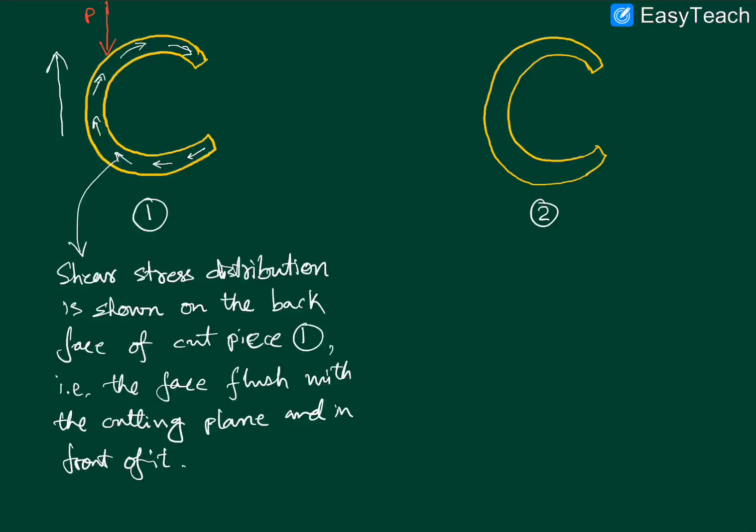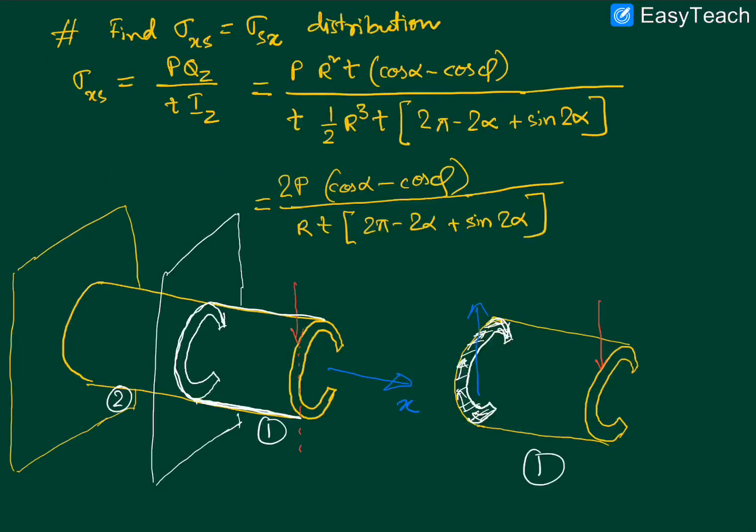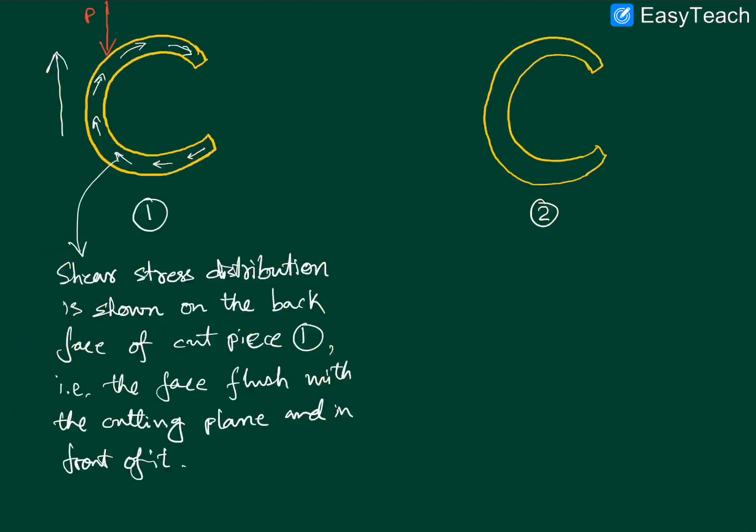So if we just take a look at the previous diagram, I'm looking at this piece 2 and at this front face here. Okay, so what will be the orientation of the shear stress distribution?